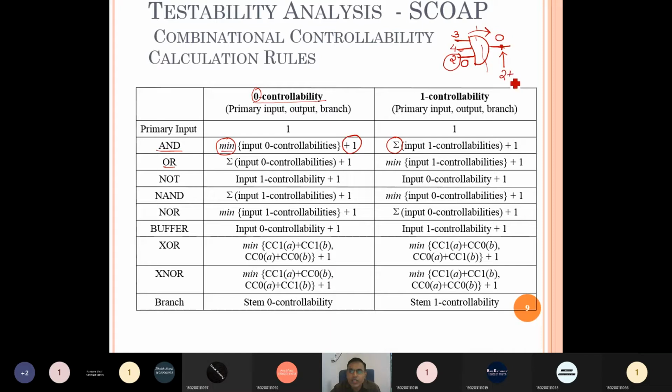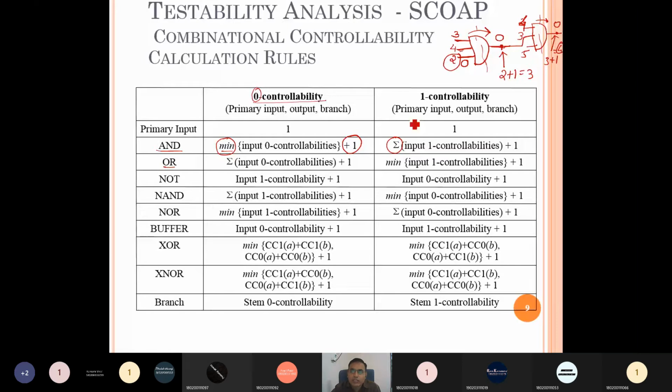The difficulty level is 3 plus 1, since we are crossing one stage, so it is 4.